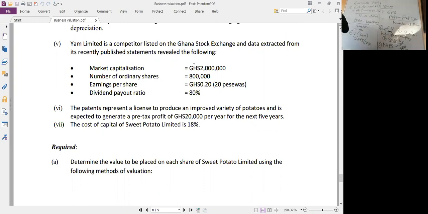Market capitalization simply means their total market value.